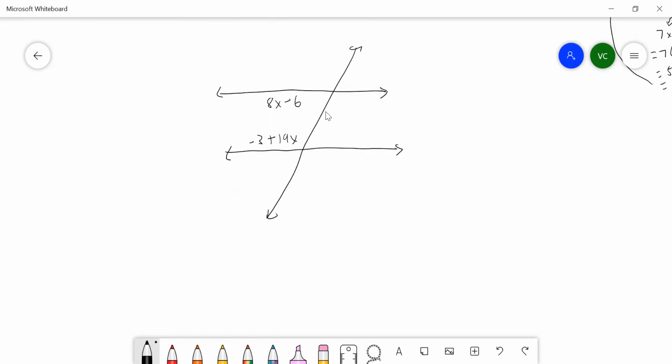Okay, if you said that they're supplementary, then you would be right. They got to add to 180. So we're going to set it up, 8x minus 6 plus negative 3 plus 19x is going to equal 180. Go ahead and solve this on your own. Okay, what you should have done is brought it down, get rid of the parentheses.